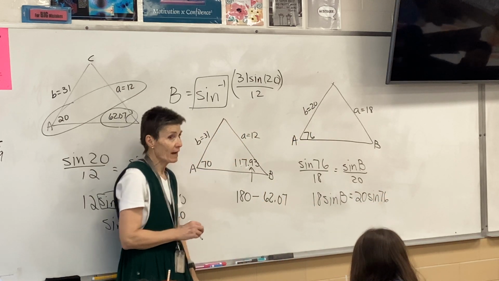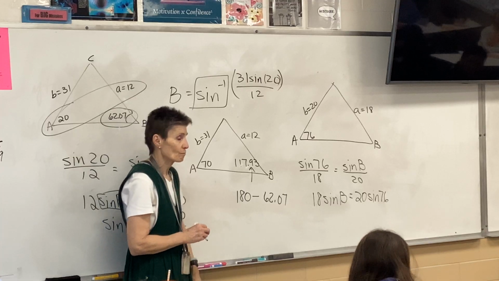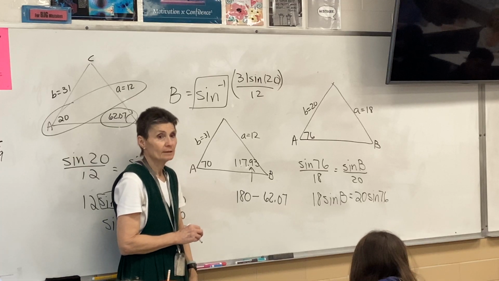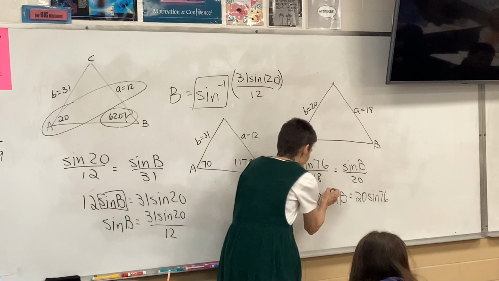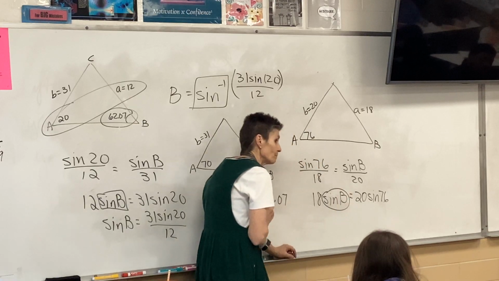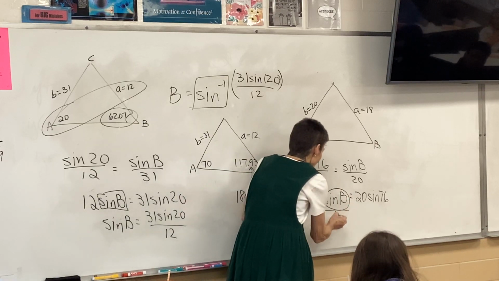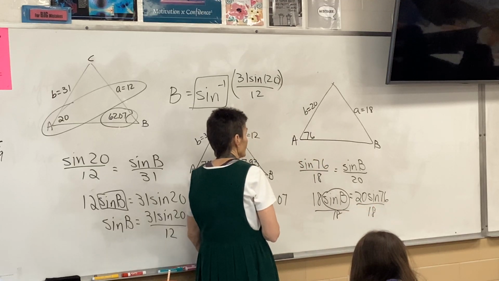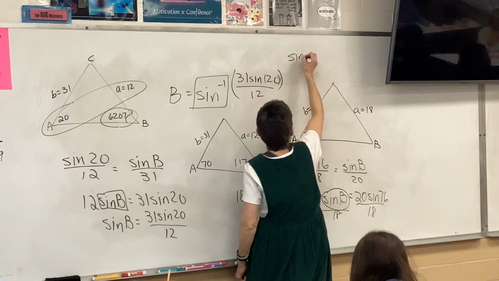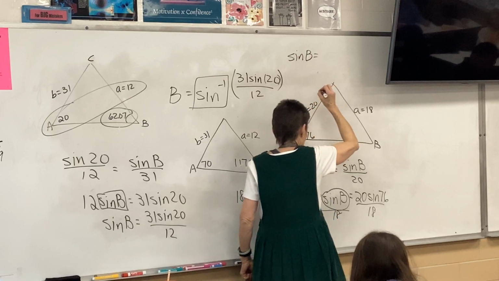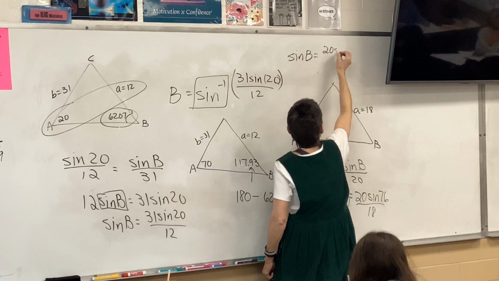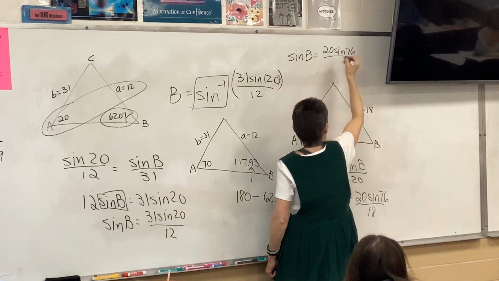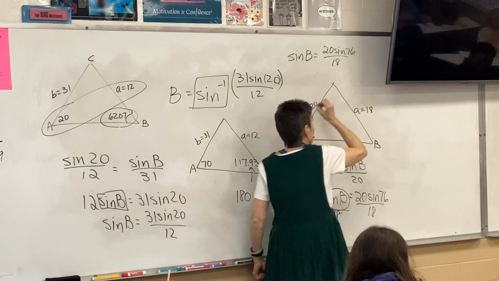And then what are we dividing by this time? Just 18. This is your variable. So we're going to divide by 18. And it says sine B equals 20 sine 76 over 18.